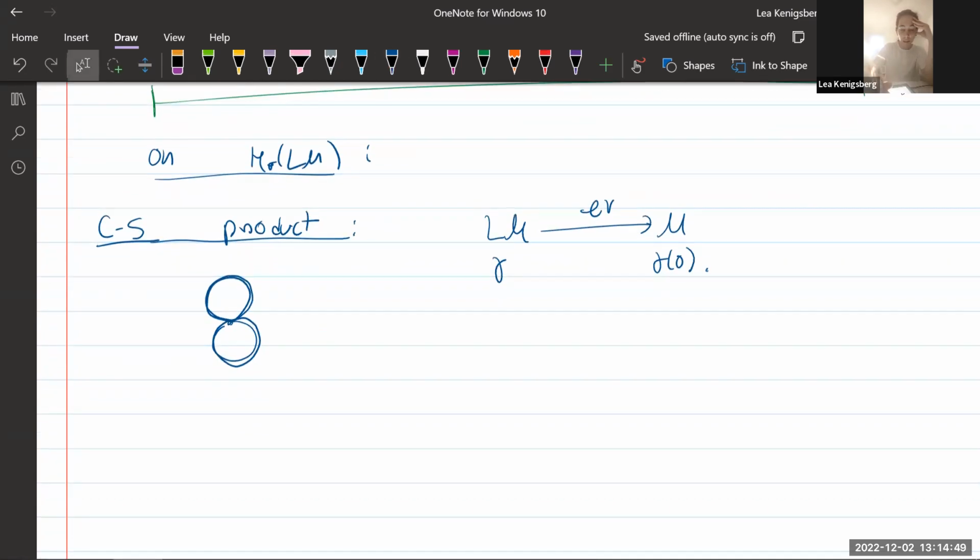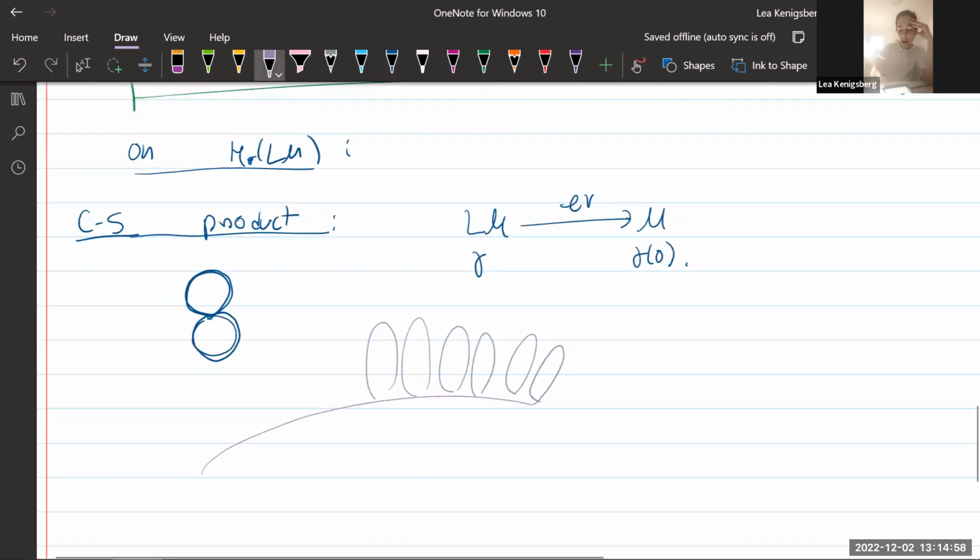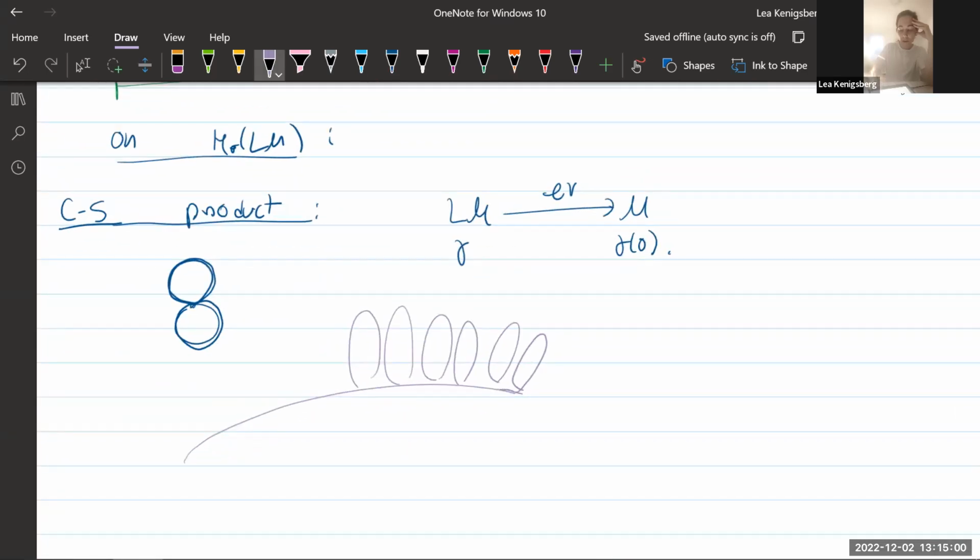So what does this mean? If I have two chains of loops, so maybe this is one family of loops, and its image under the evaluation map is going to be this. So maybe I can highlight it.